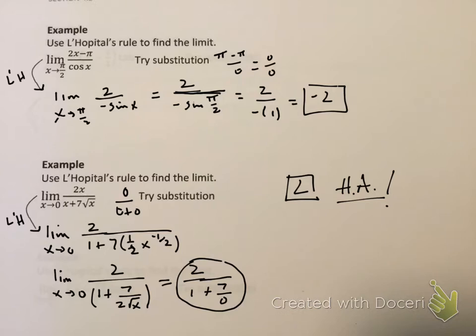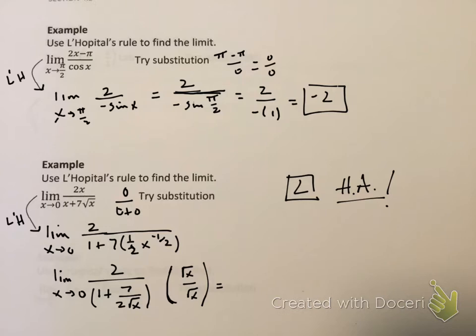So I think I'm going to erase this. Don't really want this anymore because I don't have enough room to keep it. So I'm going to multiply by, let's see, how about if we just simply did a square root of x over square root of x multiplied together here. So let me get rid of that equal sign because it's not there. We're multiplying to get rid of the complex fraction.